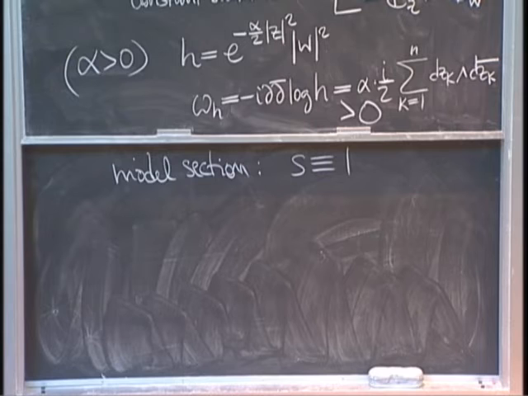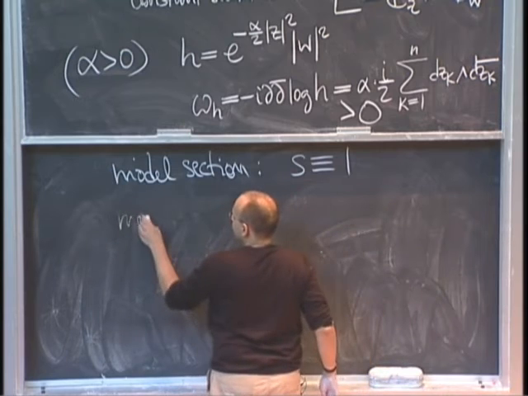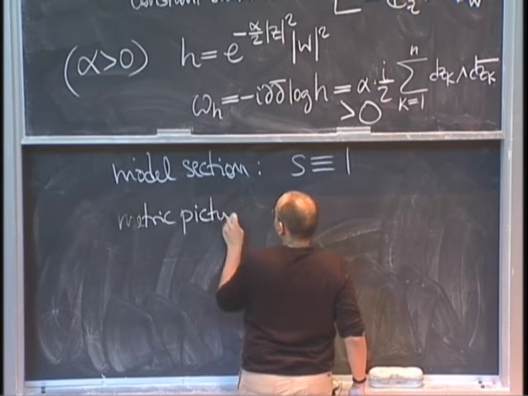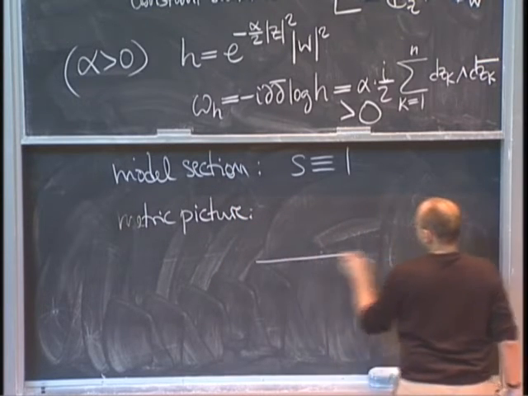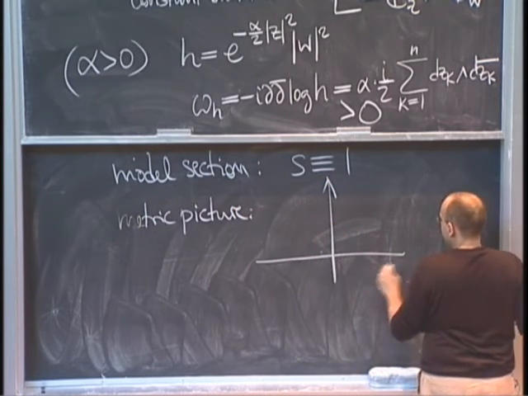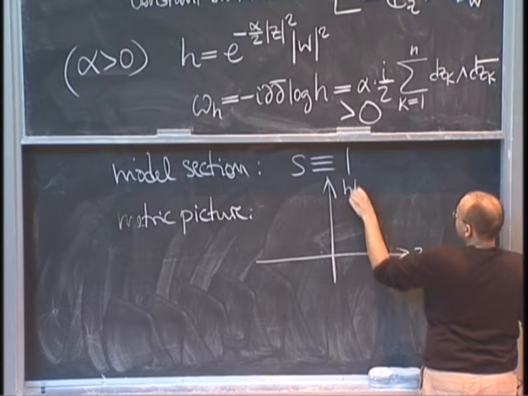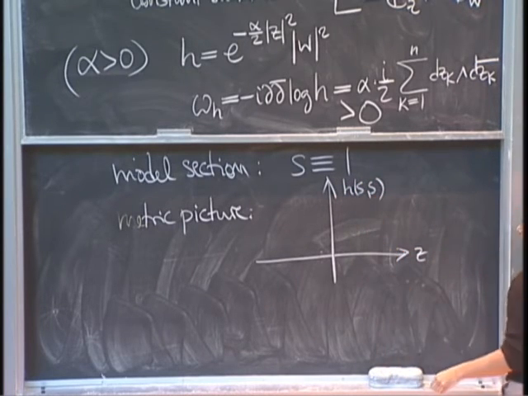I have a metric, so what I want to do is graph the length of the section with respect to my metric. So the metric picture is that this is z, this is h(s,s), the length squared of the section.